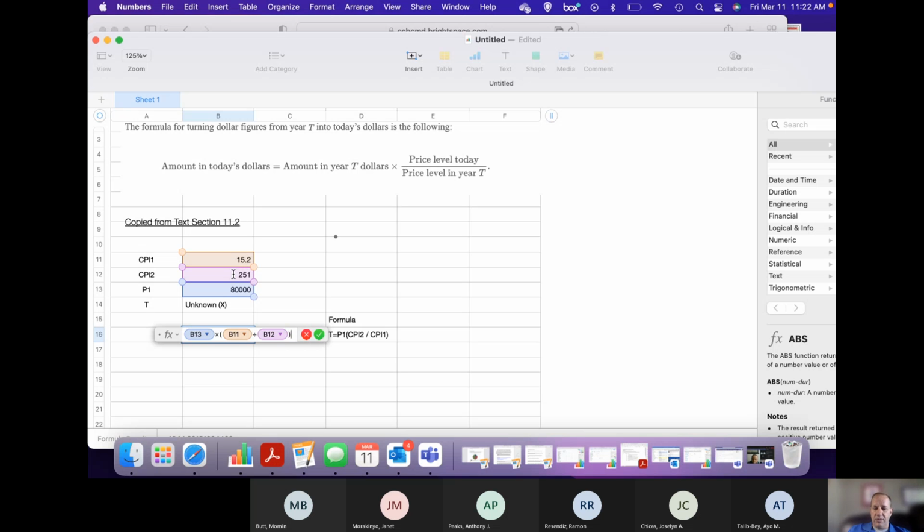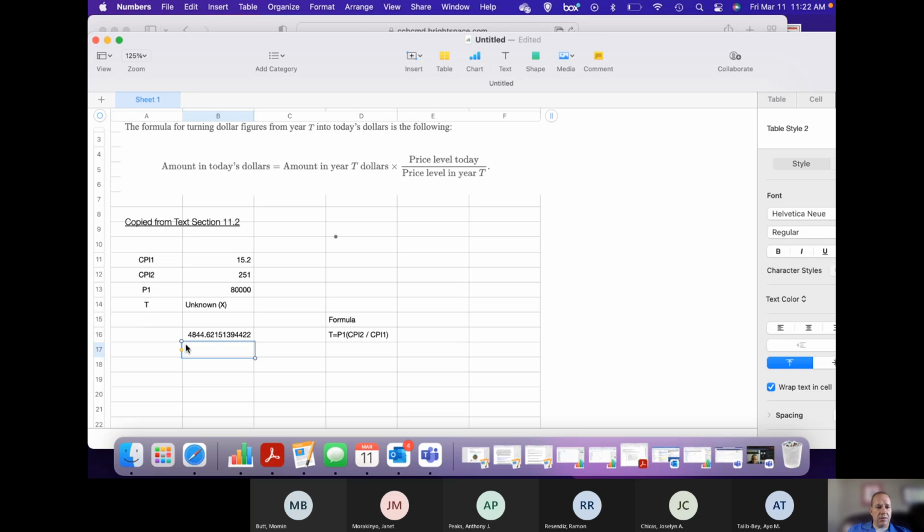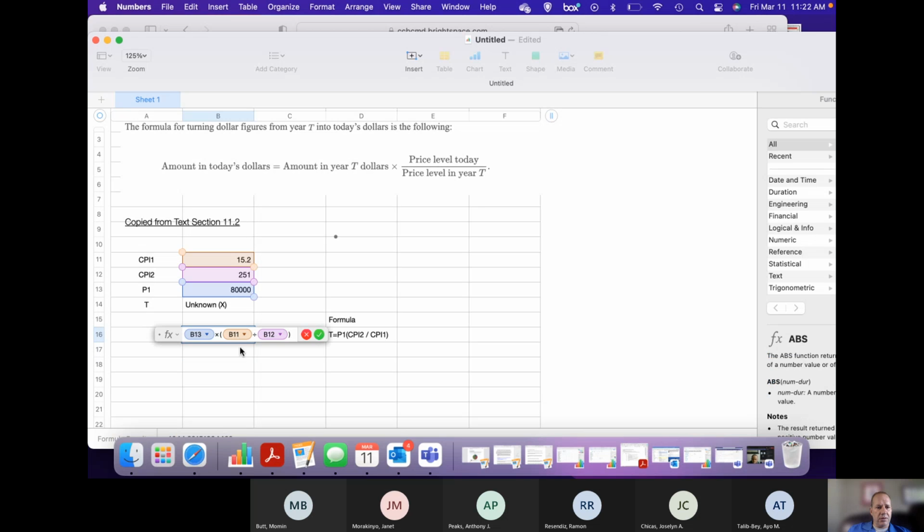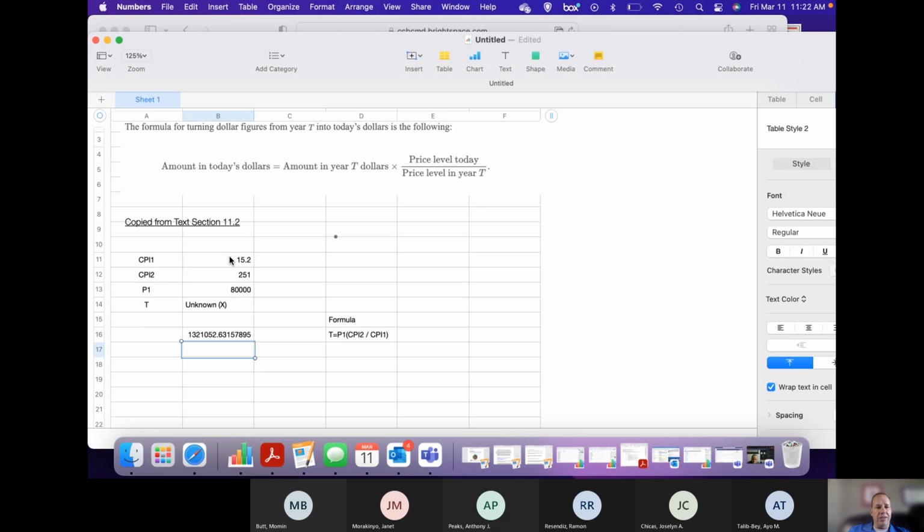And that should give me today's dollars. Did I make a mistake here? I did. I divided CPI1 by CPI2. There we go. That explains that. So CPI2 divided by CPI1. That gives me what it would be worth today.